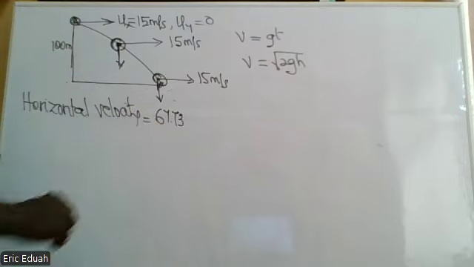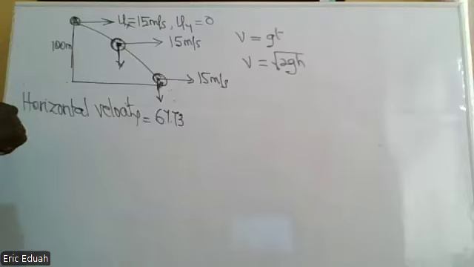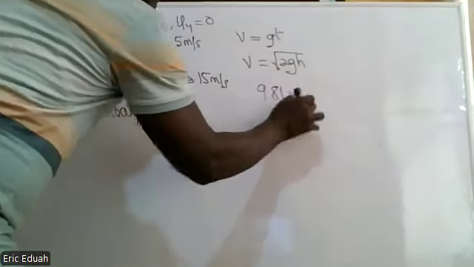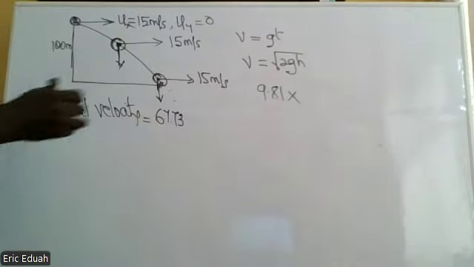Sir, I read the answer for the third one instead of the second one. The second question. Okay, so what are the horizontal and the vertical velocity components? The vertical velocity would be 9.81 times the time of flight.